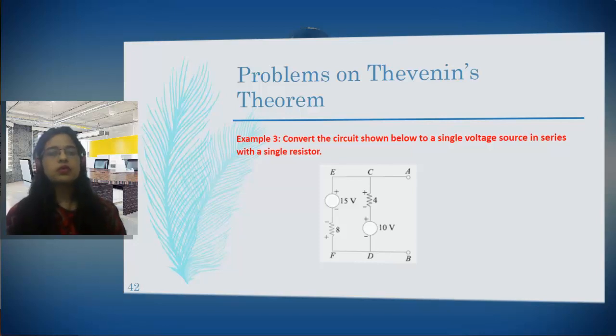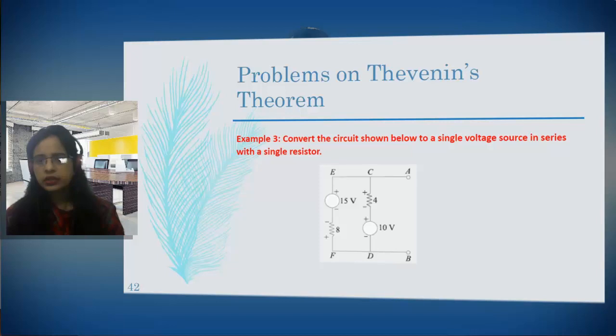Always remember, when we look into the open terminals, whatever equivalent resistance we obtain will be known as the Thevenin's resistance. And the voltage appearing across the open terminal will be known as VOC or VTH. Fine. So this is Thevenin's theorem in very brief. We'll see a few numericals on Thevenin's theorem as well.